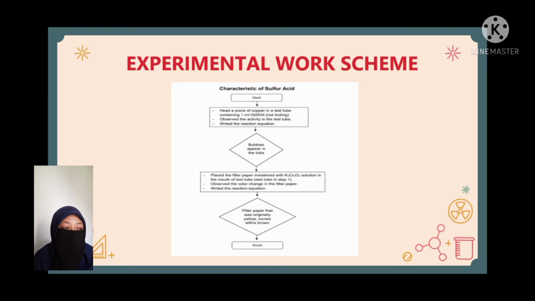Next, put filter paper moistened with K2Cr2O7 solution at the mouth of the test tube in step 1. Observe the color change in the filter paper. Write the reaction equation. The filter paper that was originally yellow turned brown. Finish.